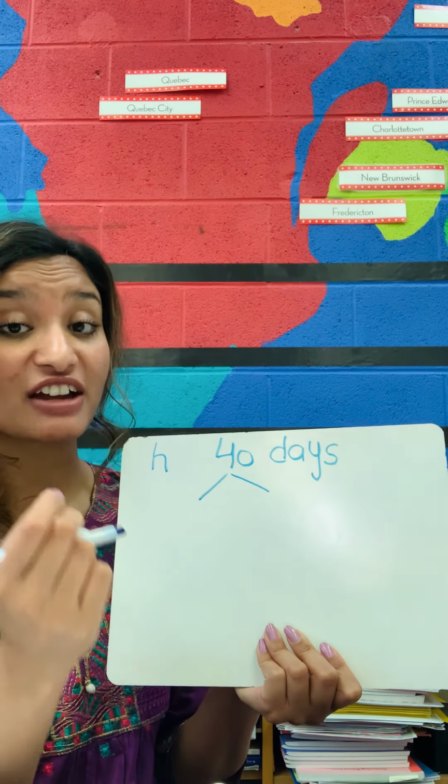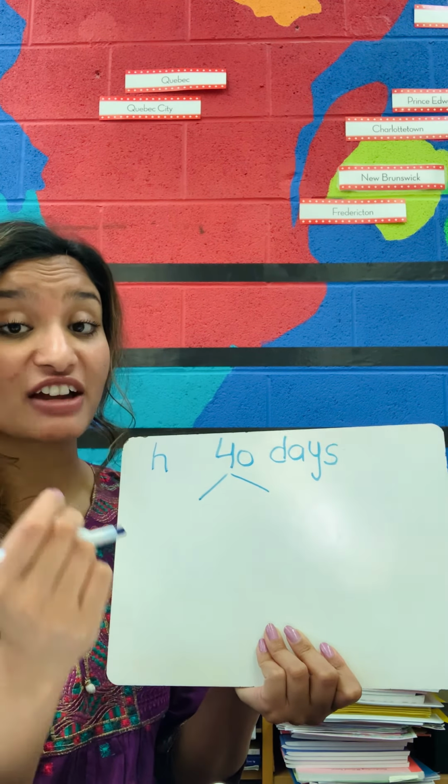So that means in 2 weeks, there are how many days? 14. 3 times 7 gives us what? 3 times 7 gives us 21. So in 3 weeks, there are how many days?